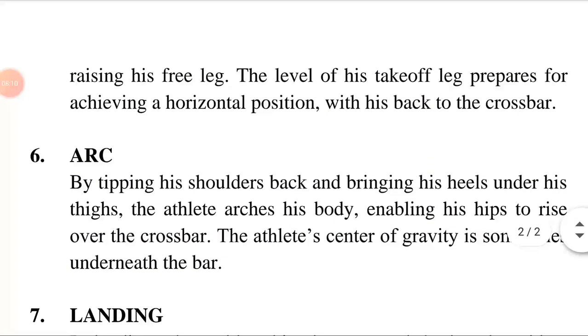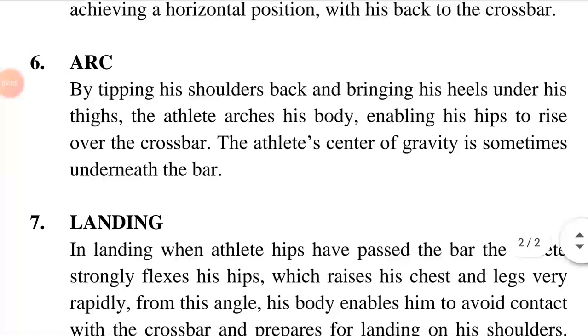Arc: a part of a curve, especially a part of the circumference of a circle, and a move with a curving trajectory is called arc. By tipping his shoulders back and bringing his heels under his thighs, the athlete arches his body, enabling his hips to rise over the crossbar. Means in arc, the high jumper tips his shoulders and back, bringing his heels close to his thighs.